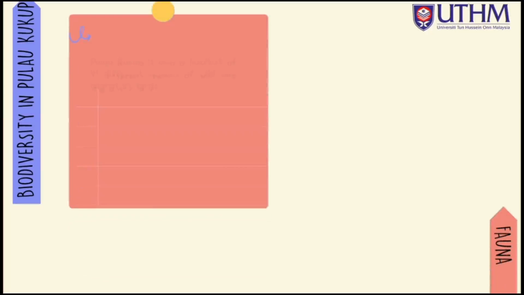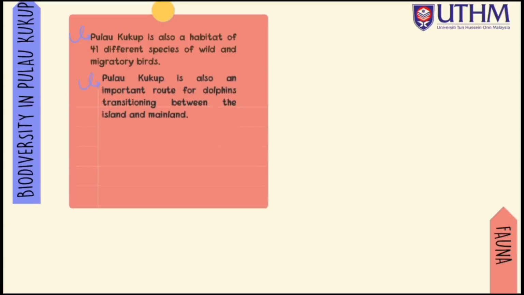For fauna, Pulau Kukup is a habitat of 41 different species of wild and migratory birds. Pulau Kukup is also an important route for dolphins transitioning between the island and mainland.